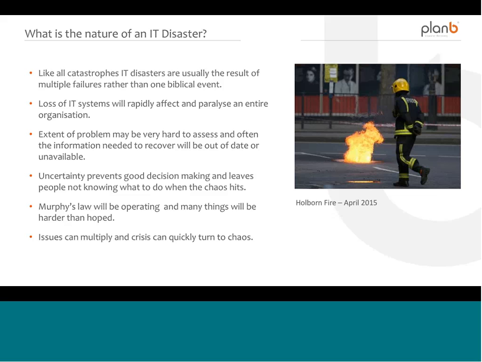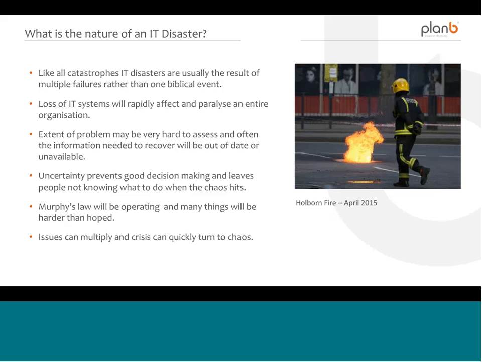It will rapidly paralyse an organisation. All of the normal ways of communicating and doing business amongst people within a business are taken away, and it's very hard to manually get back to doing any sort of effective business without them.